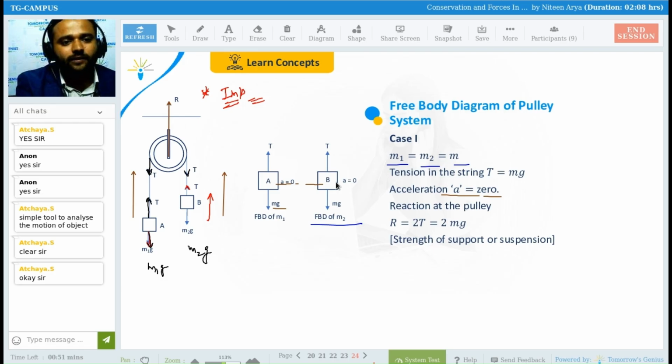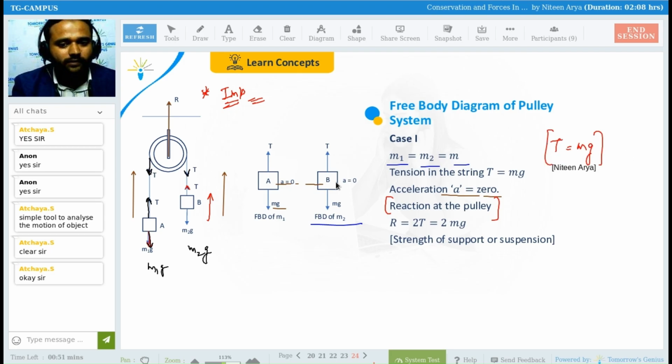So the reaction at the pulley is R, which is 2 times T, and the tension force is nothing but mg, because M1 and M2 are equal. Is this clear? So from here, the tension force is nothing but the reaction force divided by 2.